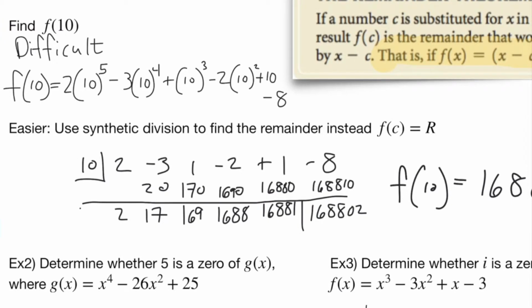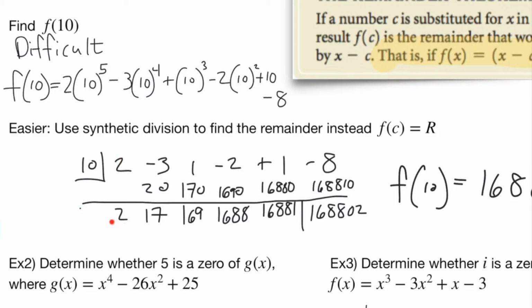So what you could do is take all the coefficients: 2, negative 3, 1, negative 2, 10, and then negative 8 is the last one. Then you use synthetic division with 10, the number that you're substituting.